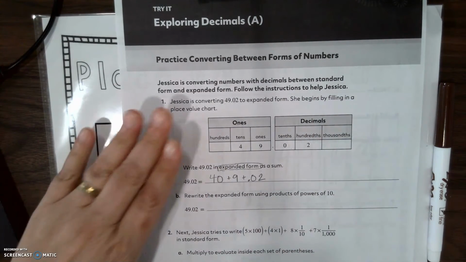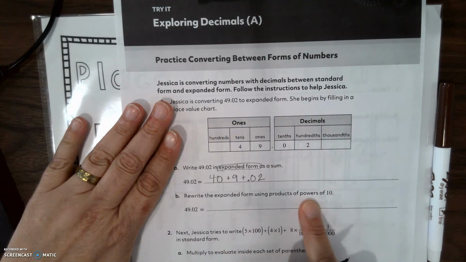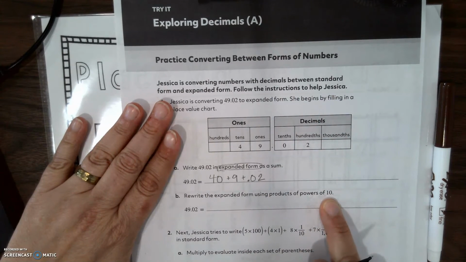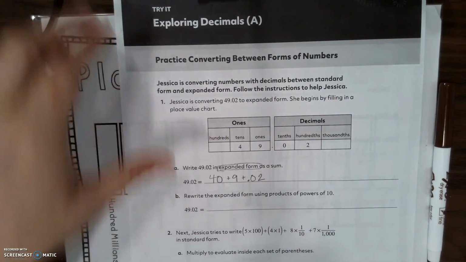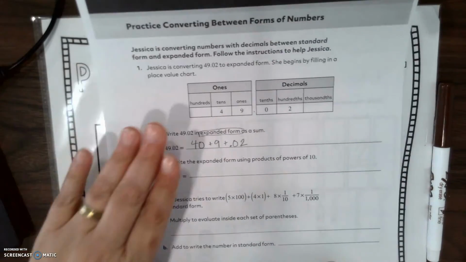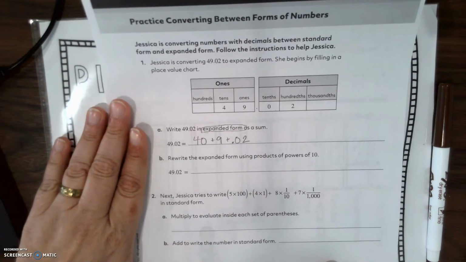Now, they want us to use products of the powers of 10. What is happening? Well, have no fear. That's why Miss Aiken is here, okay?